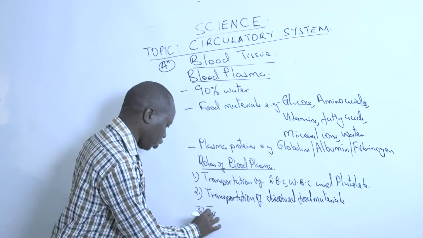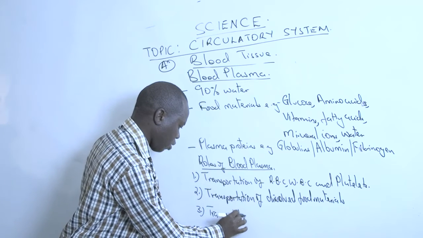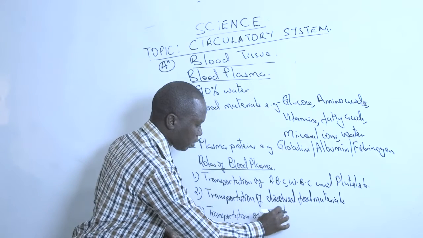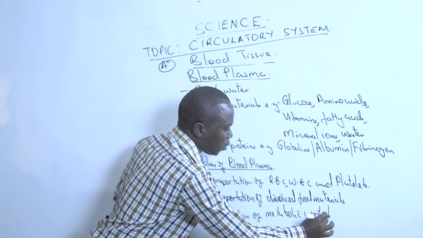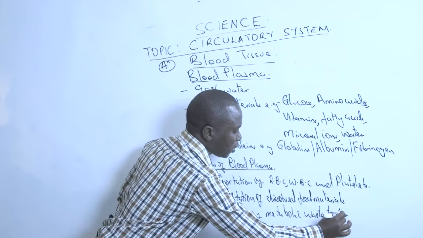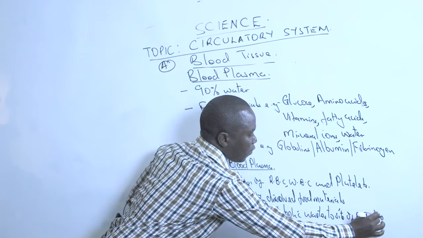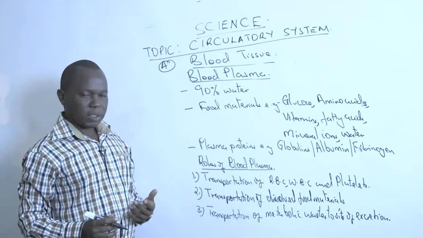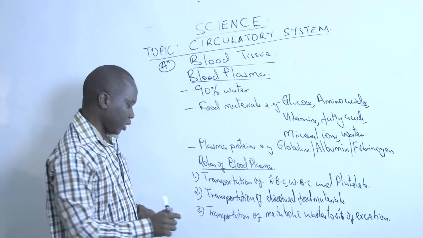So, transportation of metabolic wastes to sites of excretion, for instance, to the kidneys, the skin, and the lungs, for excretion.